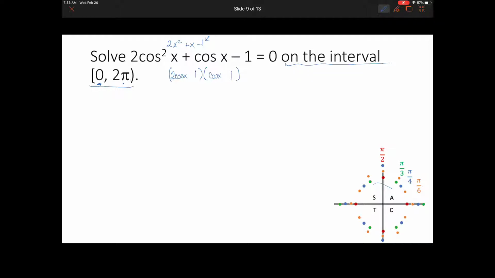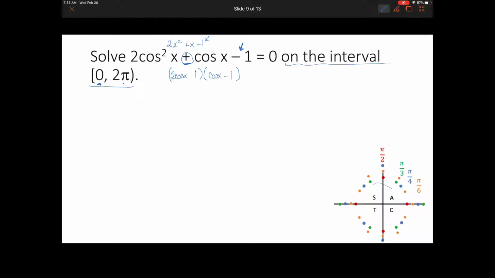And so then what would we need to do with our signs? We need to have a negative 1, but we want our net result to be positive. So one of these signs needs to be negative, one needs to be positive, and we want the larger one to be the positive.